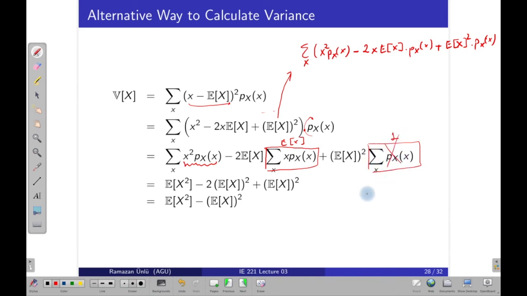So let's cancel that one, and it's going to be expected value of x squared. So this will be the expected value of x squared minus expected value of x squared. Okay, so this is another formulation, and whichever one you like, you can use either of them. It's based on your personal choice, but both of them will give you the same result.